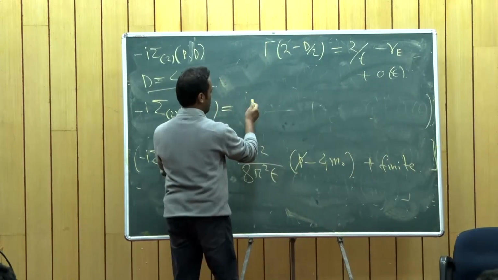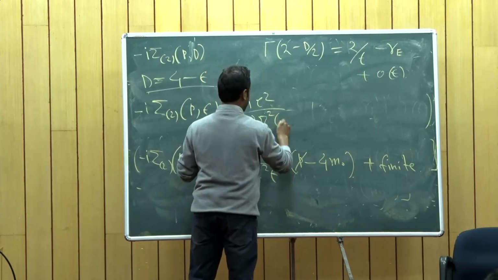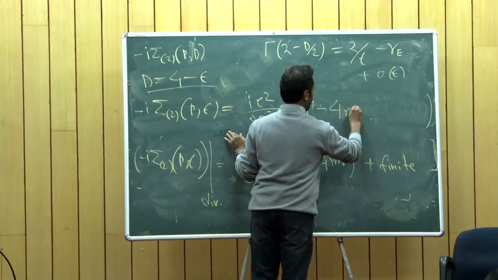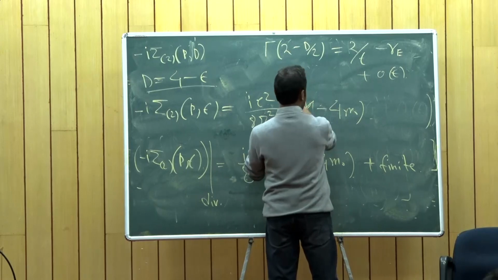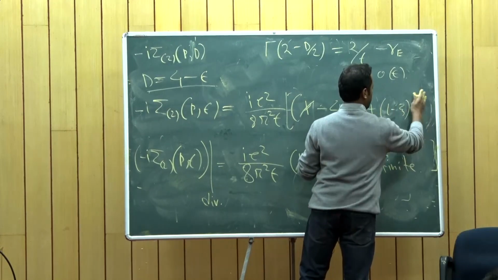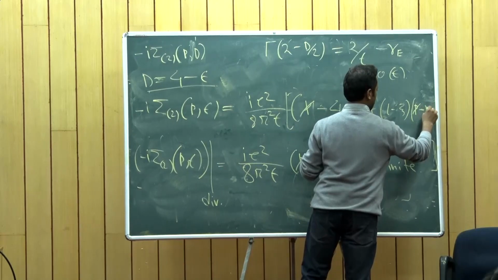It will be like e squared by 8 pi squared epsilon times (p slash minus 4 m naught) plus p slash (1 minus xi) times (p slash minus m naught).